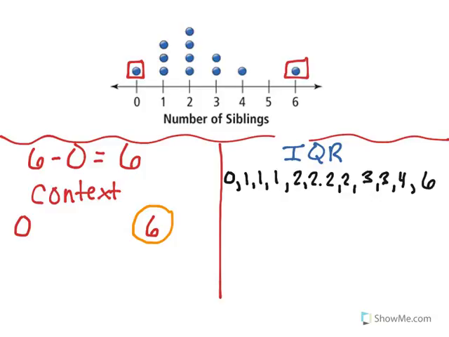Okay, so when we do this, we actually find 3 different values. We're going to find what we call quartile 1, quartile 2, and quartile 3. Now, let's see, it looks like I have 12 different data values. So the first value I'm going to find is my middle. I've got 1, 2, 3, 4, 5, 6, and then this would be my middle value.